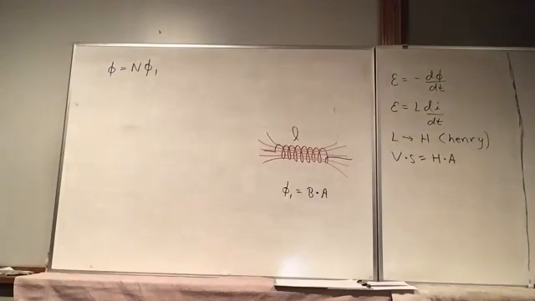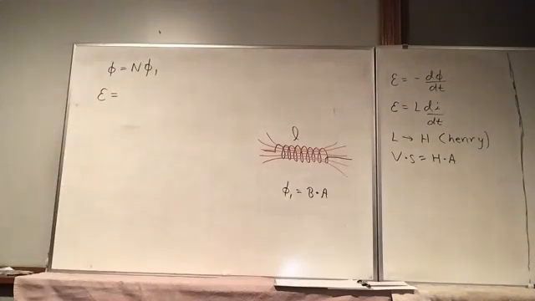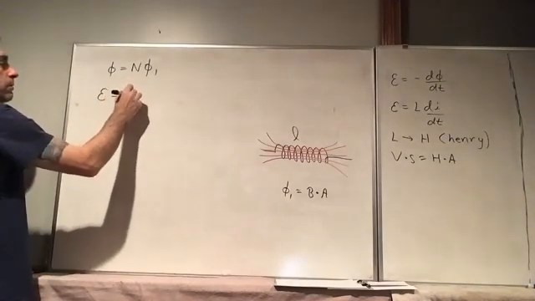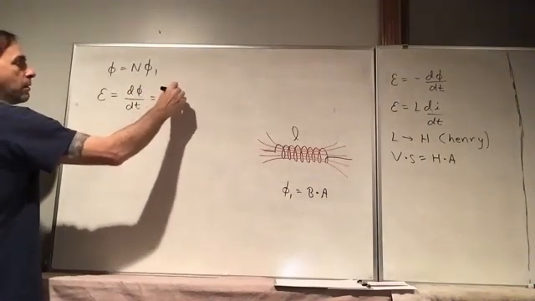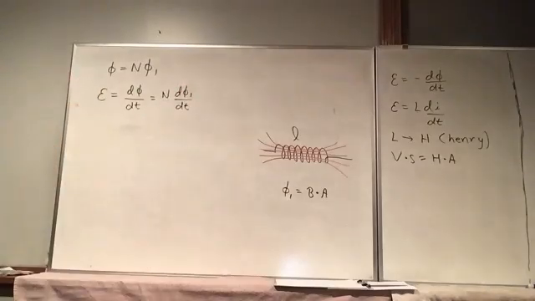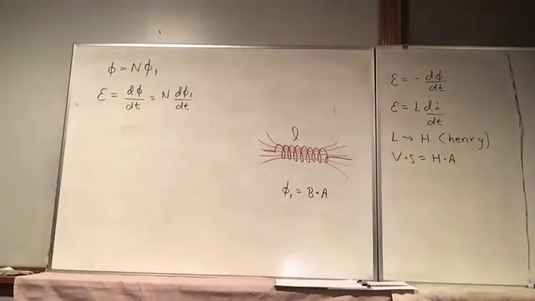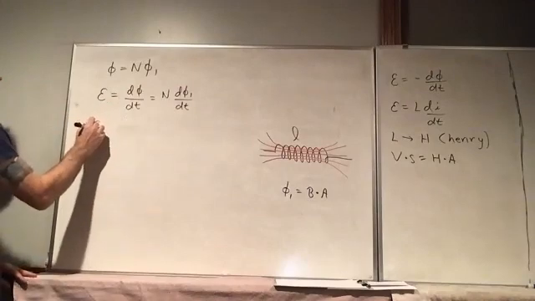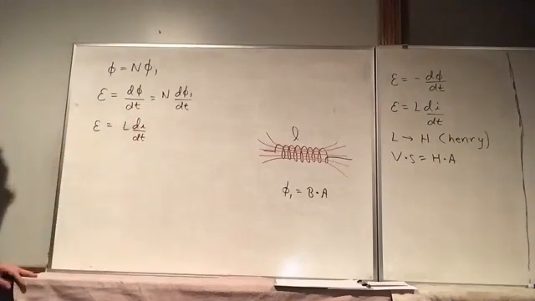So then if we look at Faraday's law, the EMF is equal to d phi dt. We can take the N out. So the EMF is the number of loops times the rate of change of flux in a single coil. And let's compare that to this other equation. Here we have E is L di dt.